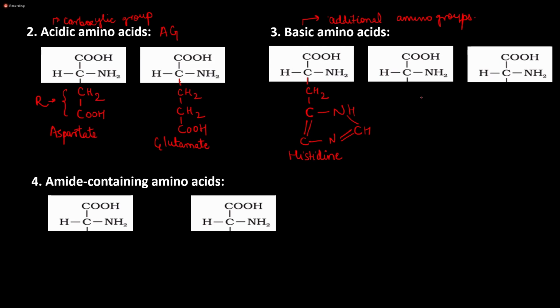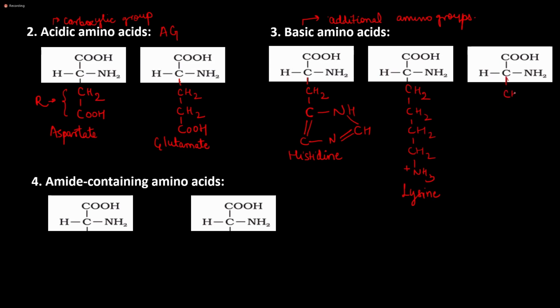Now what is the second basic amino acid? That is lysine. In lysine, you have a linear chain of 4 CH2 and 1 NH3 plus, and this is lysine. The third basic amino acid is arginine.